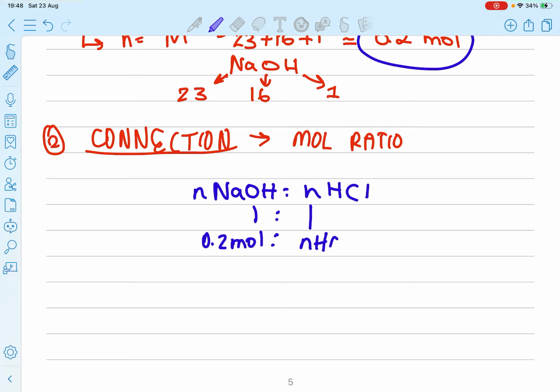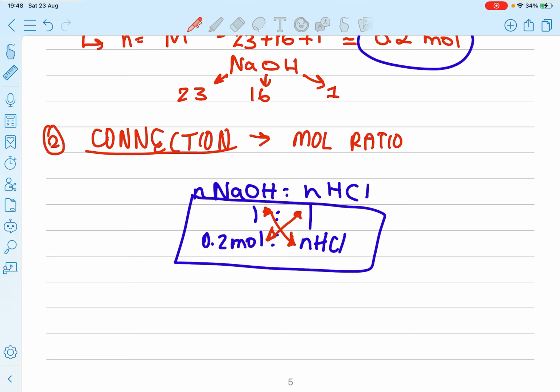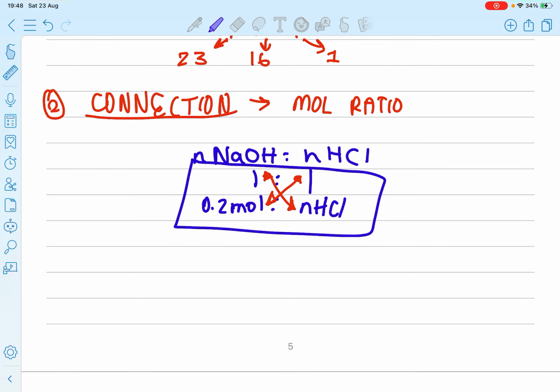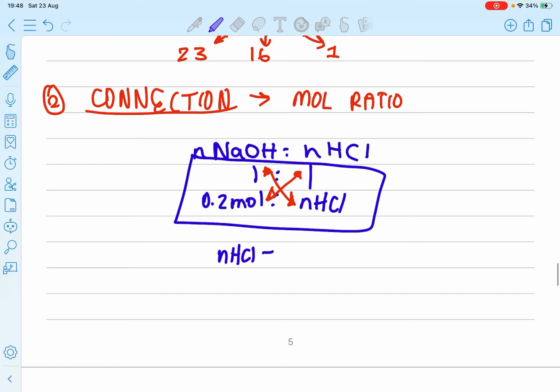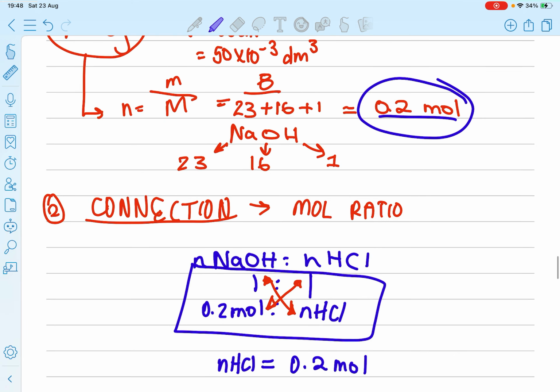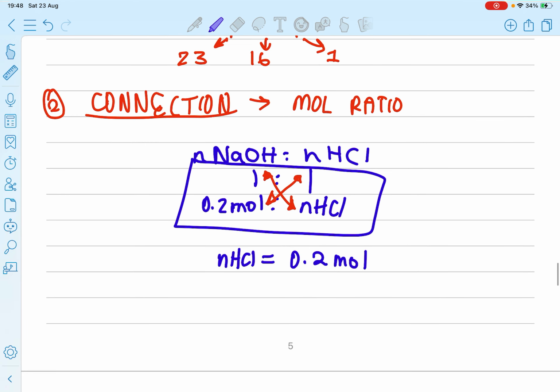How many moles of hydrochloric acid will react with it? We're about to find out. And that is when you cross multiply. So guys, that is the purpose of mole ratio. And we end up finding that the number of moles of hydrochloric acid is equal to 0.2 moles. So essentially, you have 0.2 moles of sodium hydroxide, and it will react with 0.2 moles of hydrochloric acid.